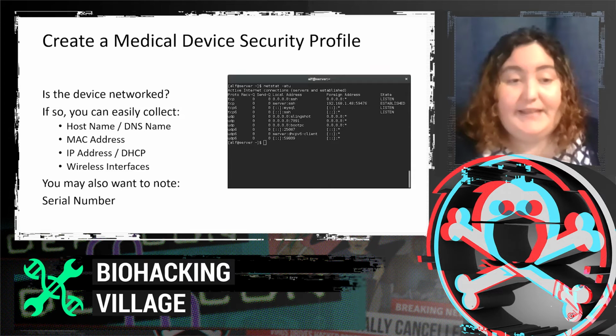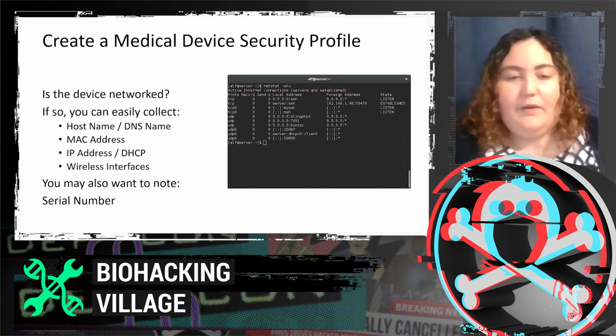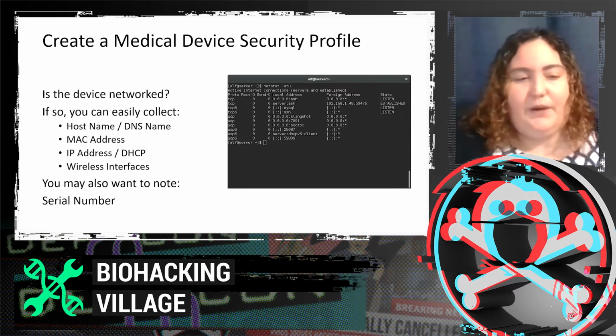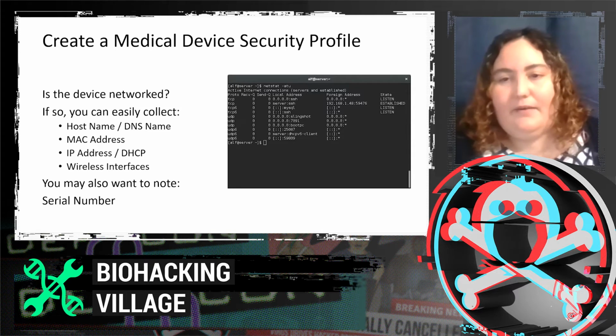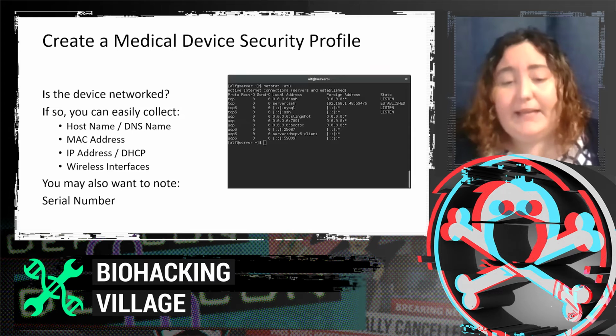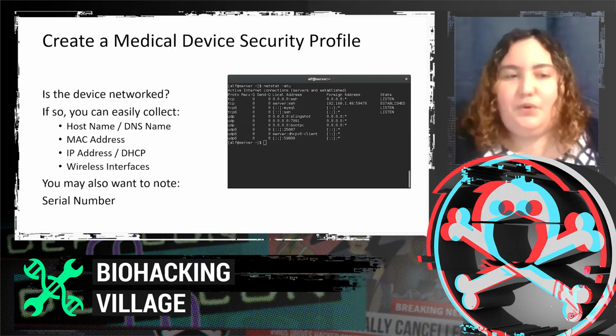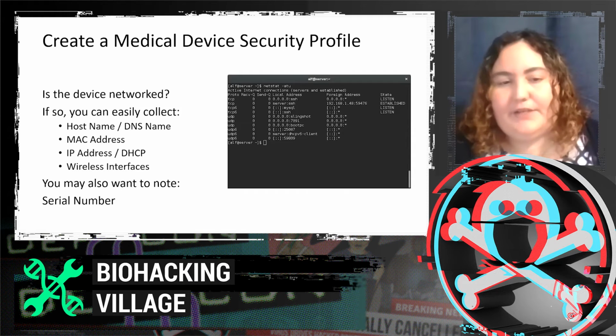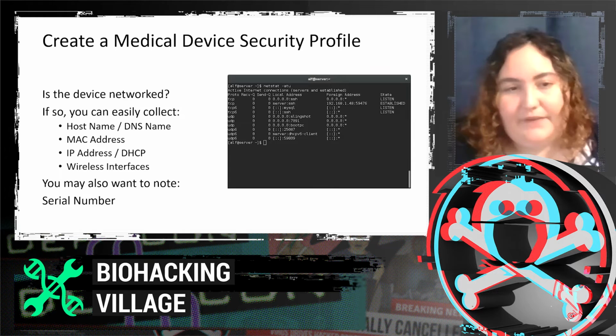So when there is a problem, they may say there's a vulnerability that impacts serial numbers 1 through 10, or ending in 1 through 10, and all others are fine. Or we're rolling out a patch to these serial numbers. So you would like to note that information for communication with your device manufacturer.